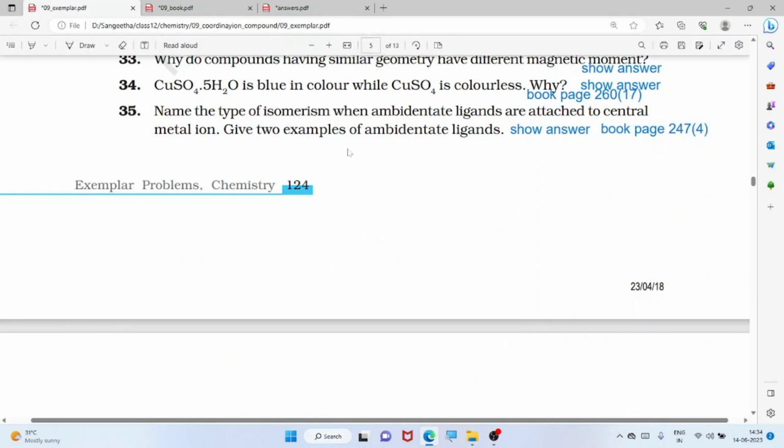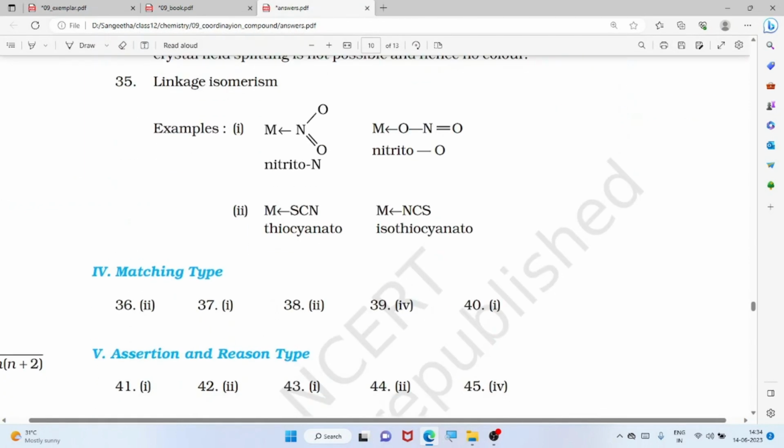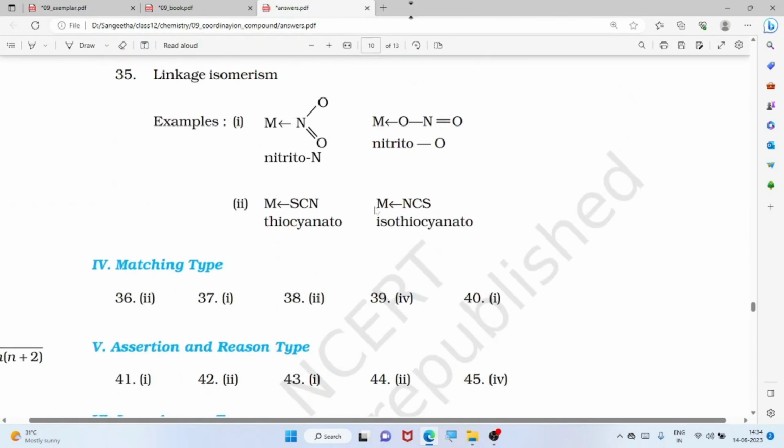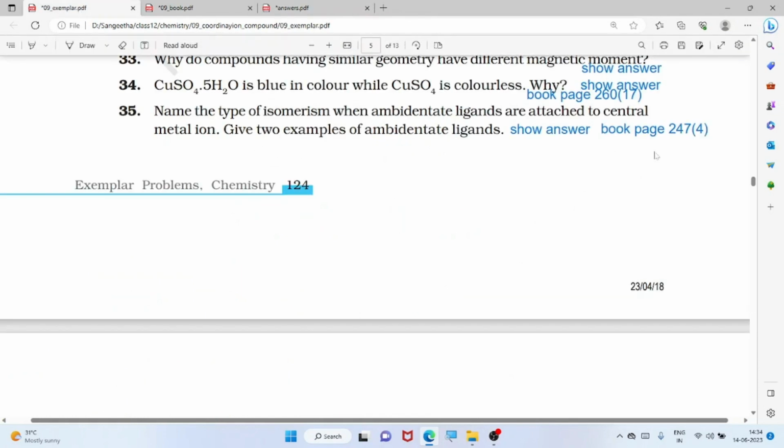Name the type of isomerism when ambidentate ligands are attached to the central metal ion. Give two examples. So 35. Okay, these are the examples.